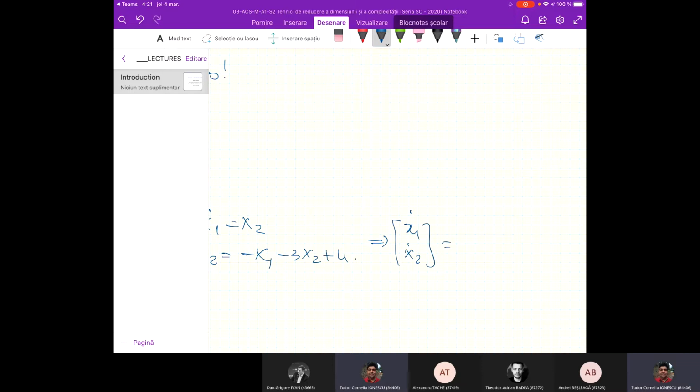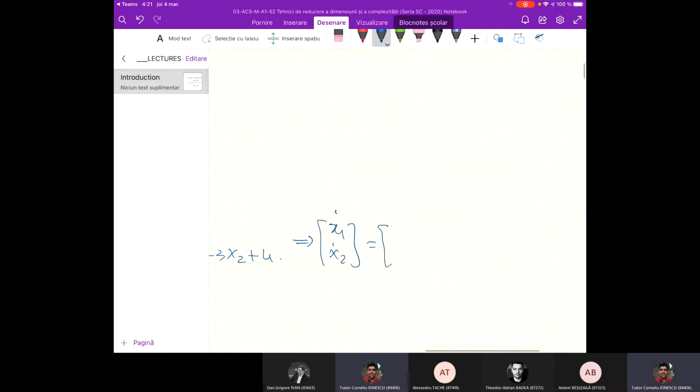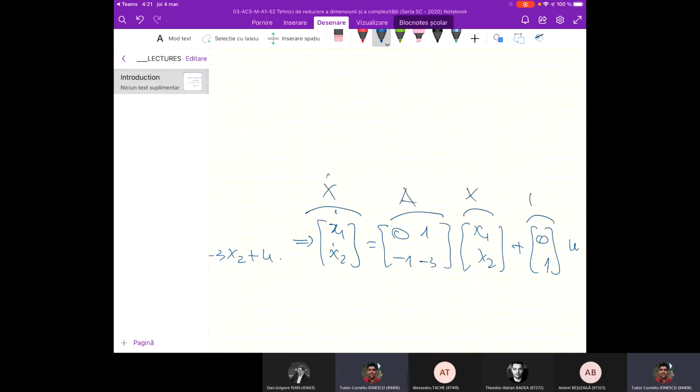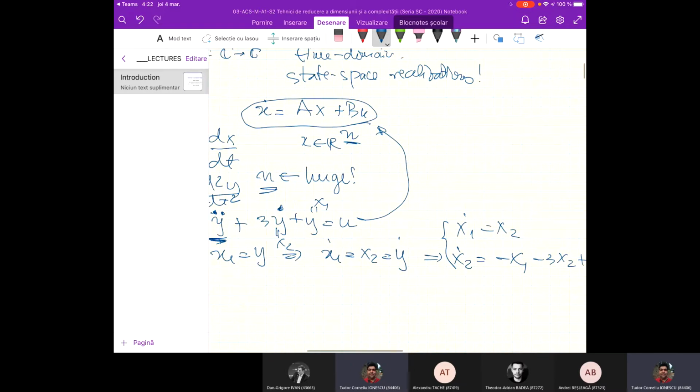This is a question of modeling, yeah? This is a matrix multiplied by x1 and x2 plus another matrix multiplied by u. Essentially, the first matrix is 0, 1, minus 1, minus 3, and this is 0, 1. So you get A, this is x dot, this is A, this is x, this is B, and this is U, okay?